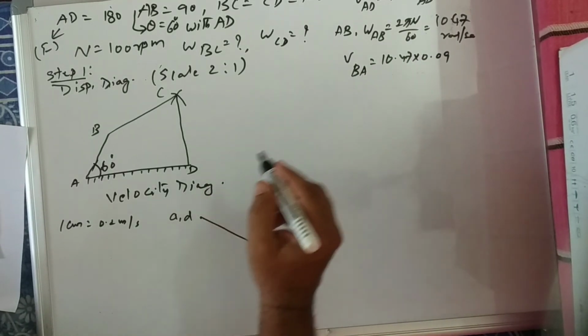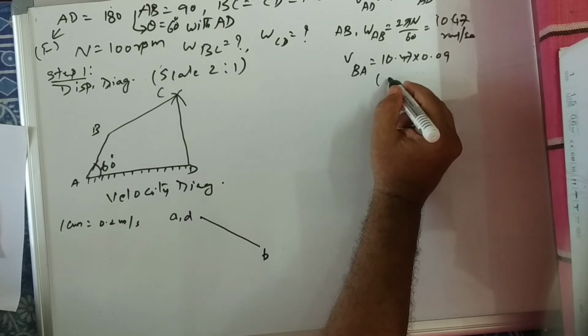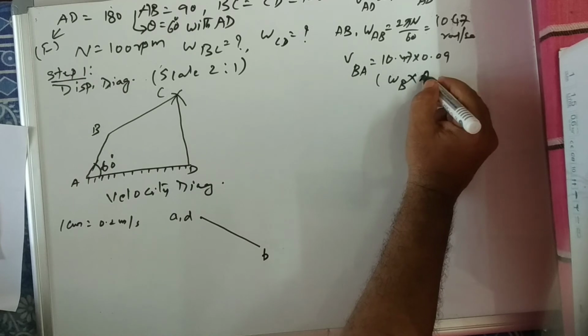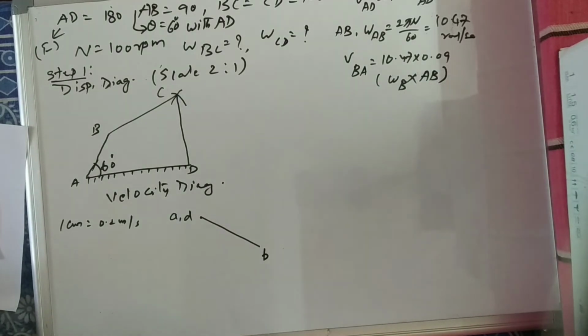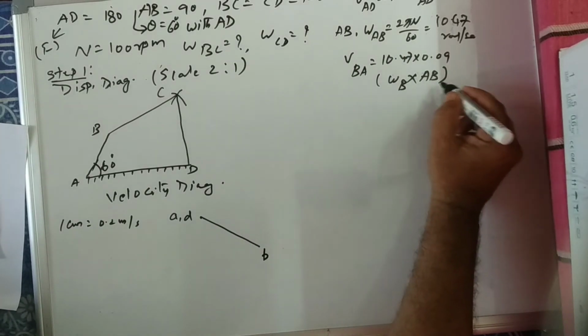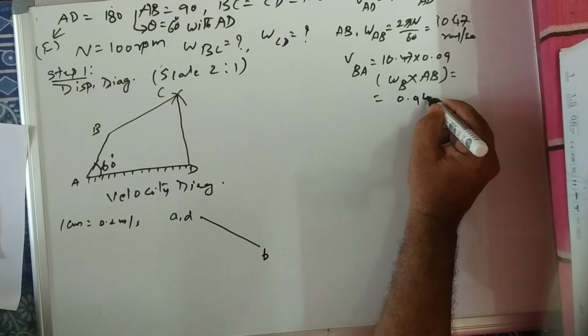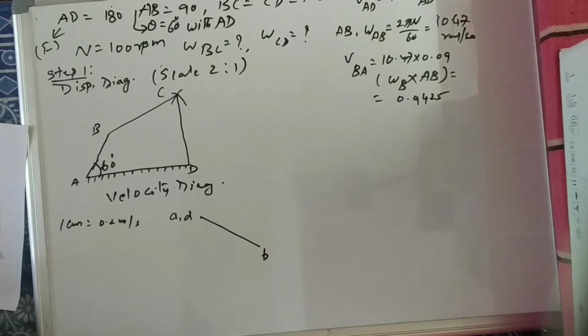The formula that you use is omega AB into link length AB, because you know that V is equal to R into omega. So this value I am going to get is 0.9425 meters per second approximately.